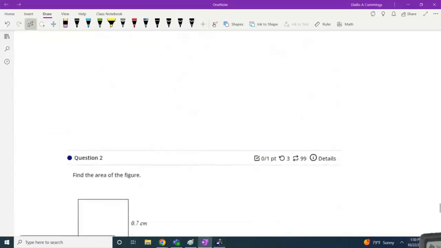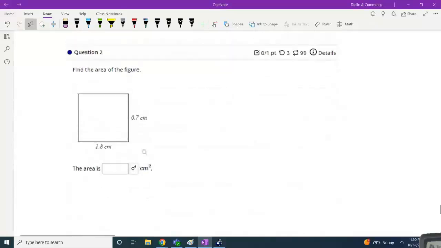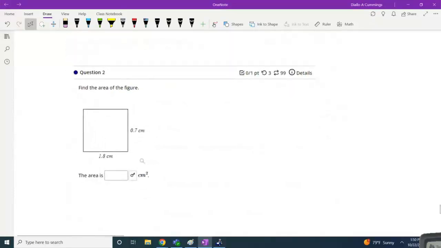All right, now in the next section, this is the area section. So for problem number 2, it just simply says find the area. And this is a rectangle, so in order to find the area, I'm going to multiply the length times the width. The length is 1.8, the width is 0.7.